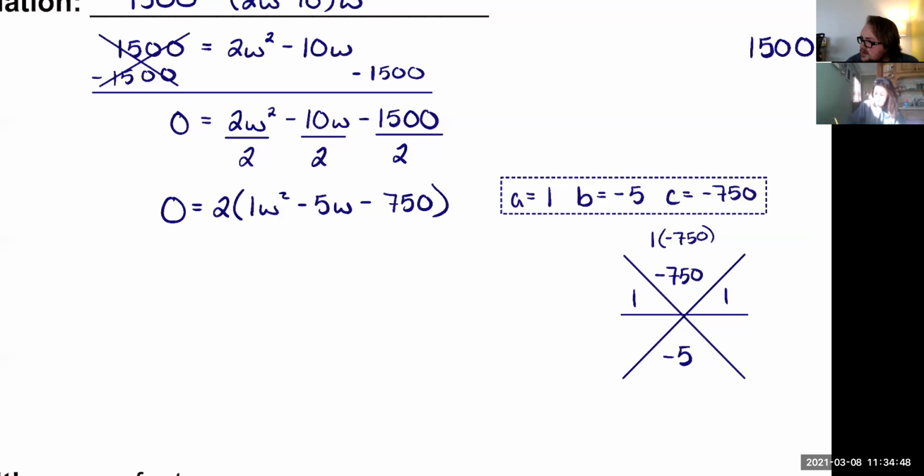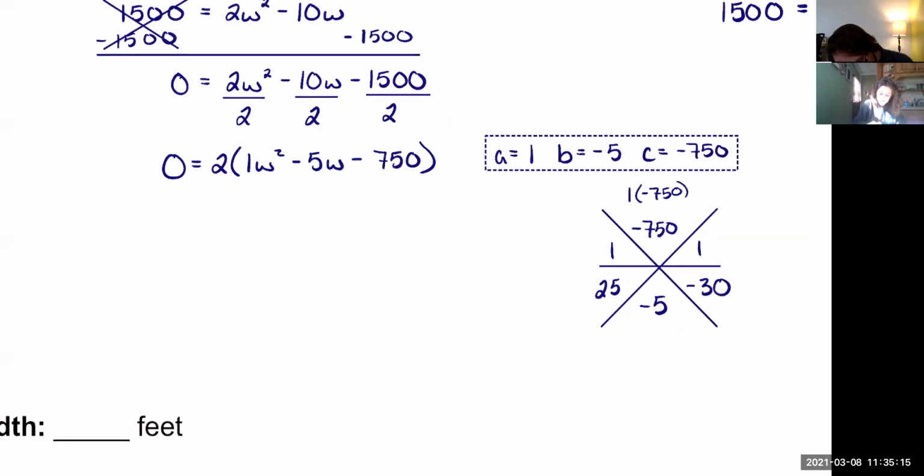Doesn't sound right. Yeah, 25 times 6 is 150. Do 750 divided by 25. 30. What's the difference of 25 and 30? 5. Now, which of these would have to be negative? The 30. That's the only way to get the -5 on the bottom. Now, do either of these simplify? No. That one on top kind of saves me from having to simplify any further.